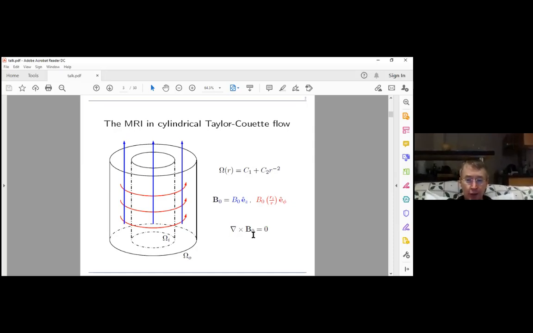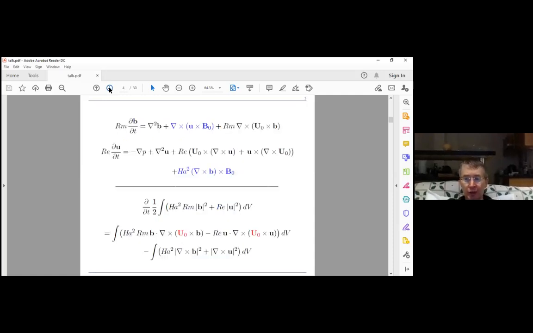If you allow yourself to break this and you actually impose electric currents running directly through the fluid, that is also a very interesting problem. You can get so-called current-driven instabilities, but those are sufficiently different from what I want to talk about here that I'm not going to consider them at all. So that's the basic setup.